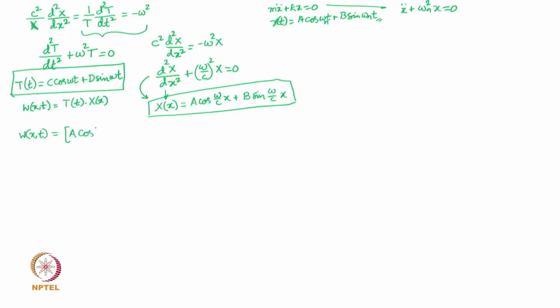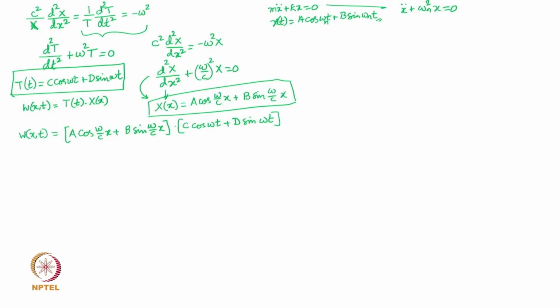A cos omega by c x plus B sine omega by c x, into the second function, which is going to be C cos omega t plus D sine omega t. Very simple and straightforward. That's basically the total solution of a stretched string as a function of x and time.